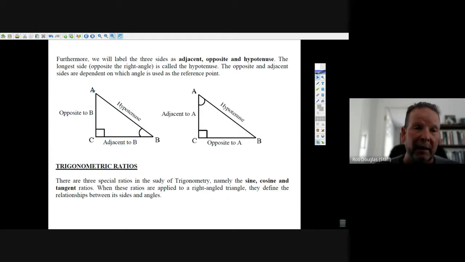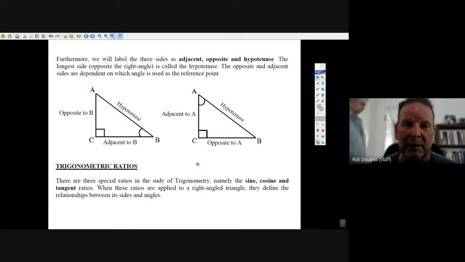This side here, AC, is opposite to angle B. Now, if I move to angle A, adjacent and opposite switch. This side AC now is adjacent for angle A, and CB, that used to be adjacent, is opposite to angle A, but the hypotenuse stays the same.